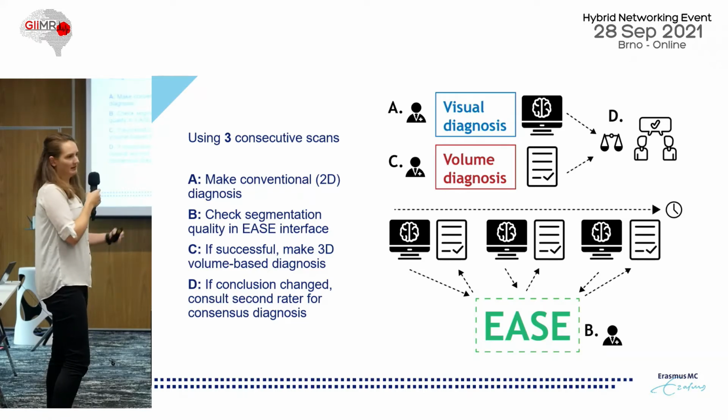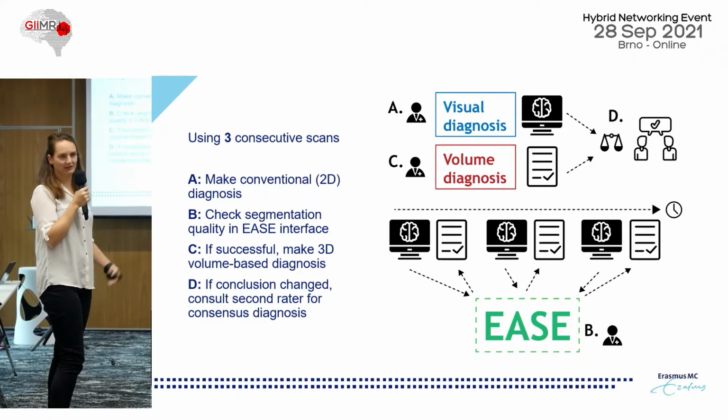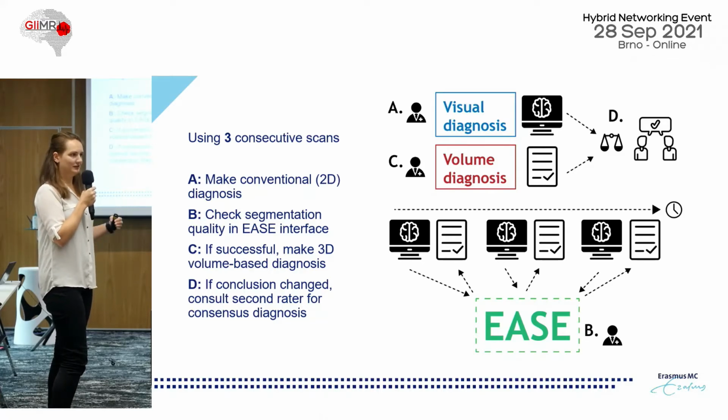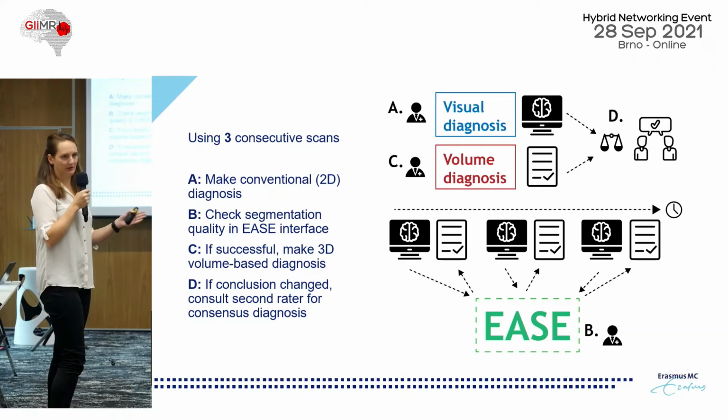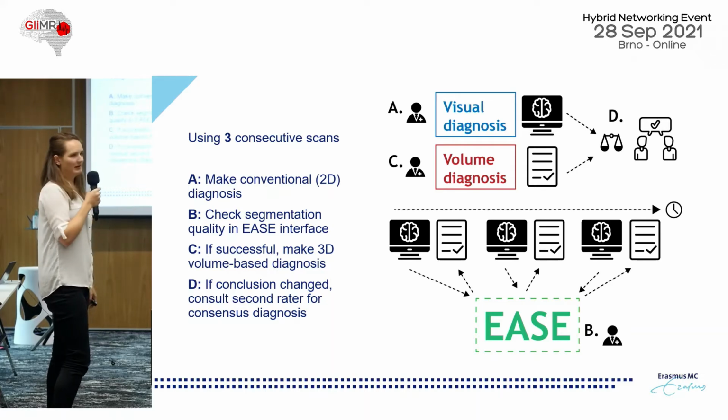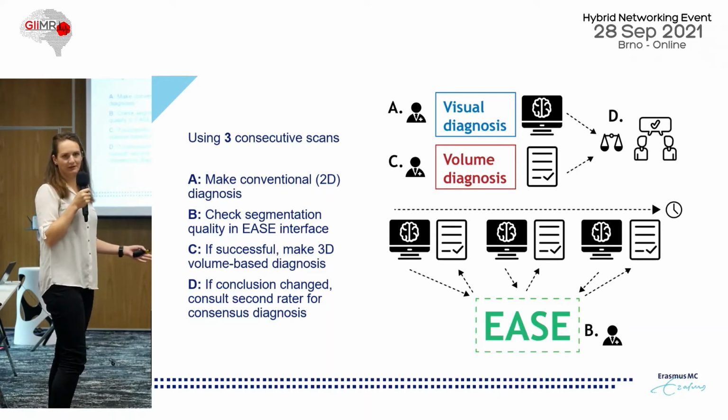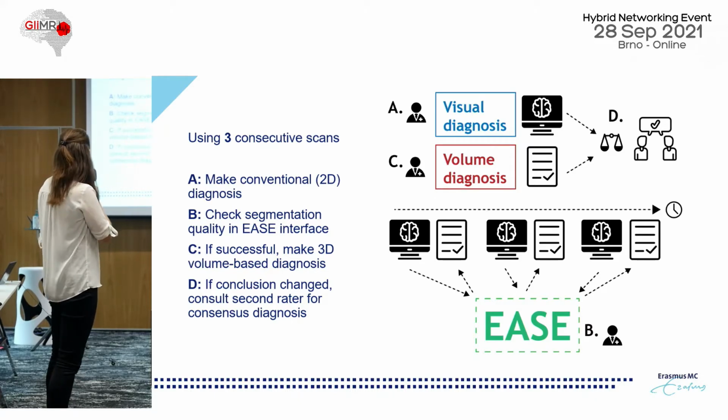And then the segmentations can be checked in EASE, and radiologists had to decide for every segmentation separately whether it's acceptable or not acceptable. And if one of the segmentations has failed, then there can be no volume diagnosis because there are not enough results, of course.